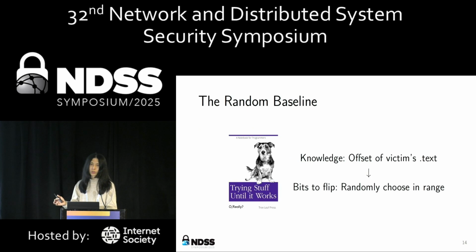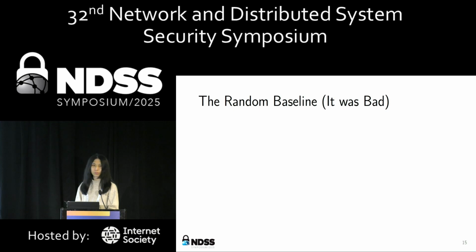So we went on to establish a baseline. In this baseline, since the attacker already knows the offset of the victim executable's text section, which is where the code lives, they can decide which bits to flip by simply randomly choosing some of them that are in range. And it turned out that it was pretty bad.